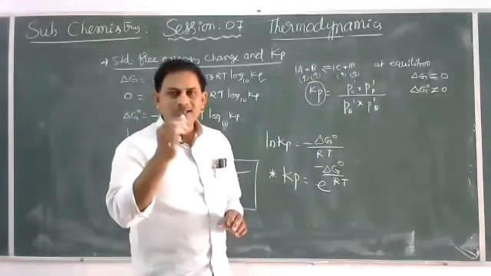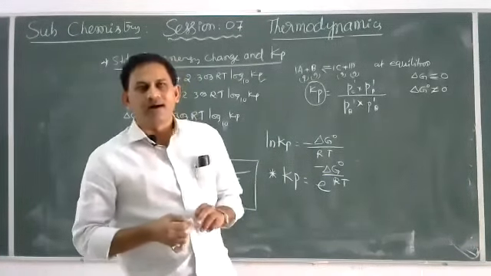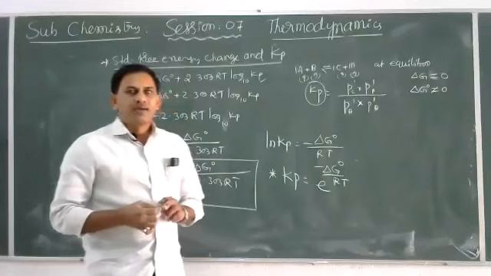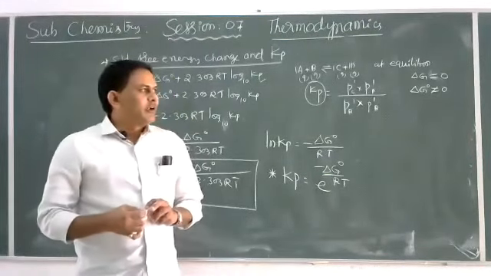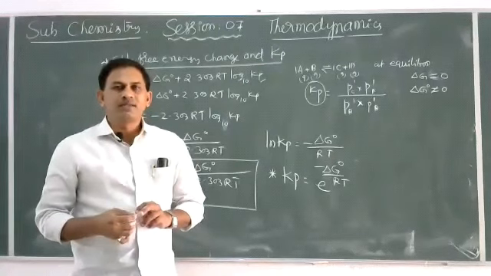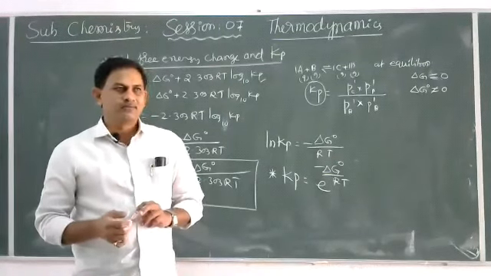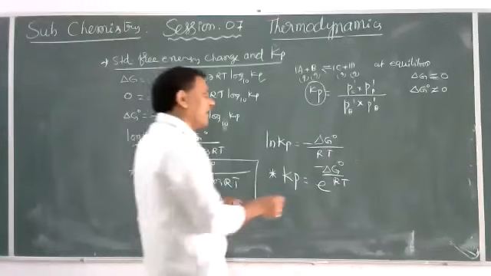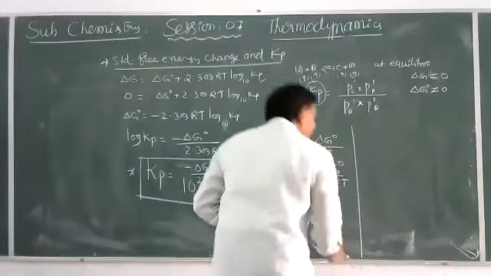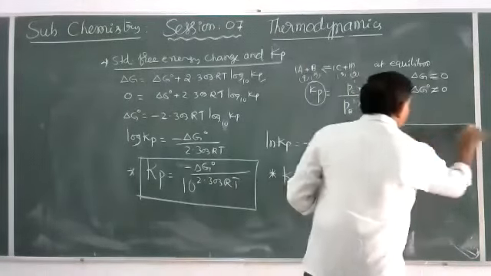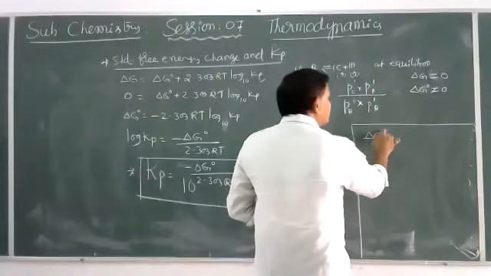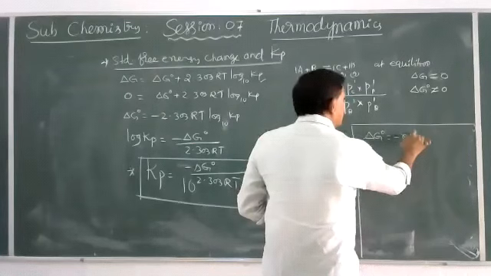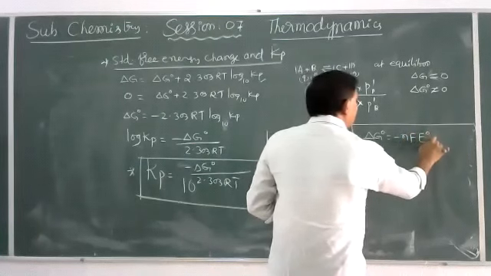And one more important last relation. In second year electrochemistry, there is an important relation between standard free energy change and the EMF of the cell, that is electrical work done: delta G naught is equal to minus nF E naught cell.